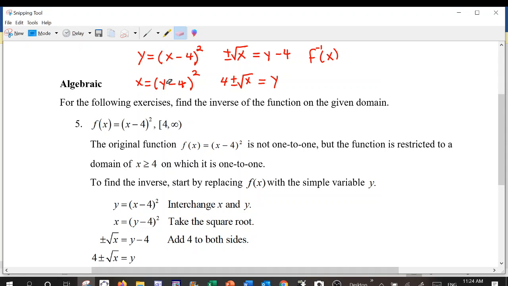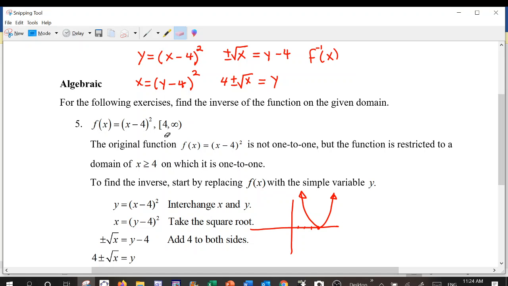So if we graph this, what do we get? So let me graph it here. Here's the original graph. Now remember, this is x squared moved to the right 4 units. So 1, 2, 3, 4. So this graph looks like this, right? Obviously it doesn't pass the horizontal line test.